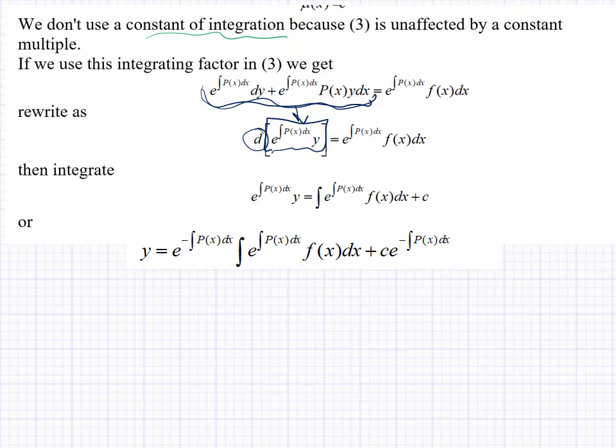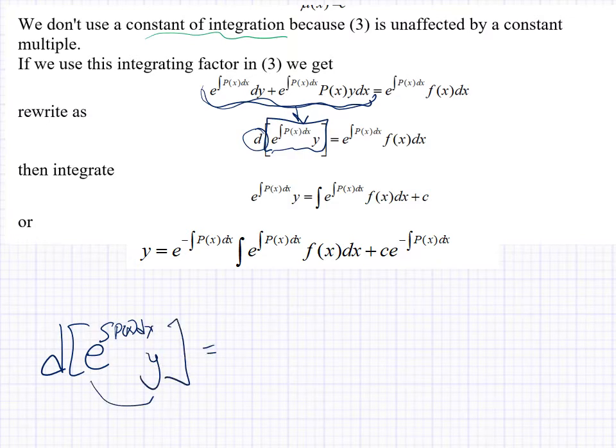If I were to take the derivative of e to the integral of p of x dx times y, this is a product, and I would use the product rule. I would take the derivative of y, which would give me e to the integral of p of x dx times dy, plus then I'd have to do the derivative of this exponential.